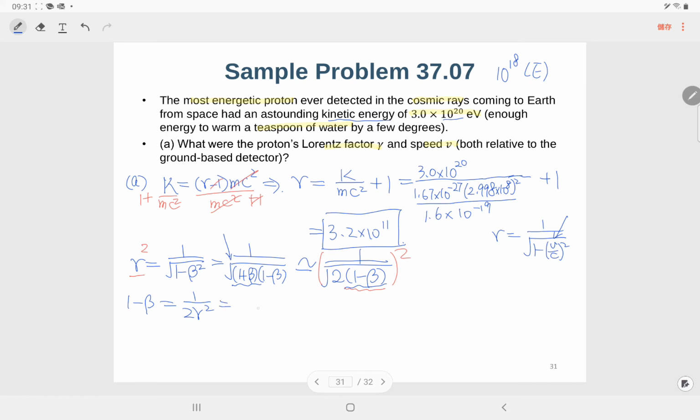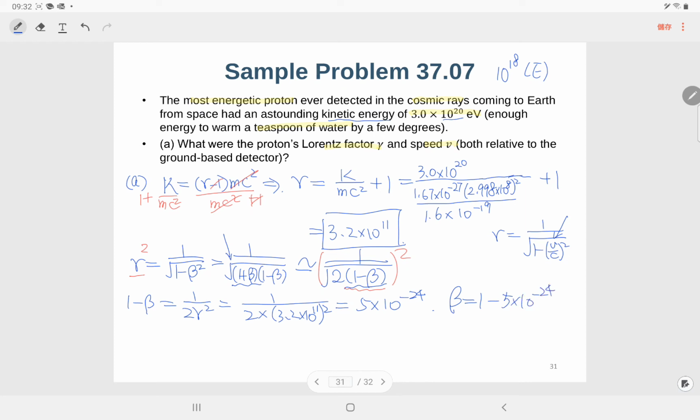And then it is actually 1 over 2 times (3.2 times 10 to the 11th power) squared. So this one is 5 times 10 to the minus 24, which means that beta is 1 minus 5 times 10 to the minus 24.